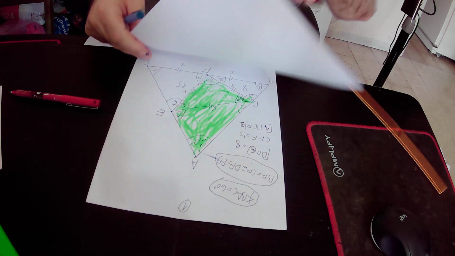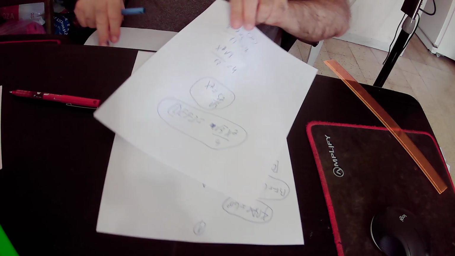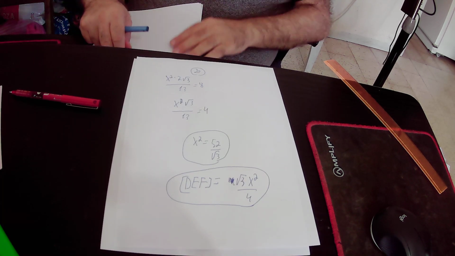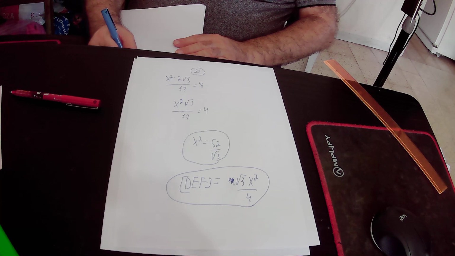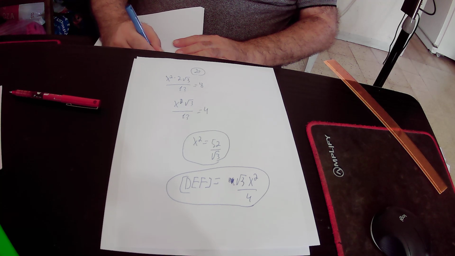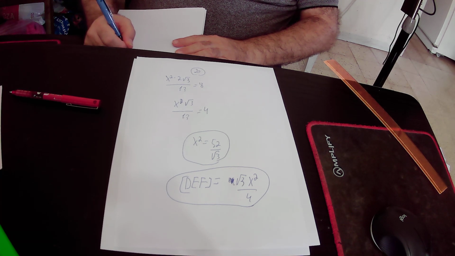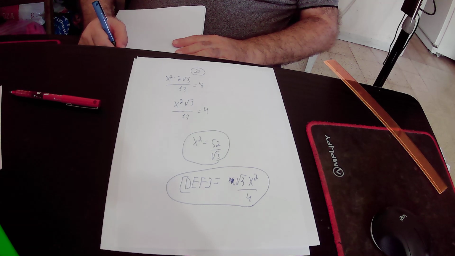Okay, so we will get that the area of the equilateral triangle DEF equals to x squared, 52 over root 3, times root 3 over 4.